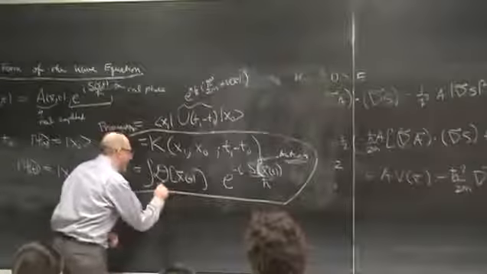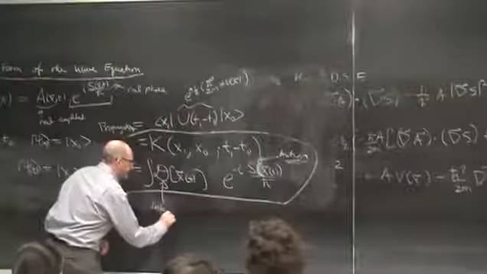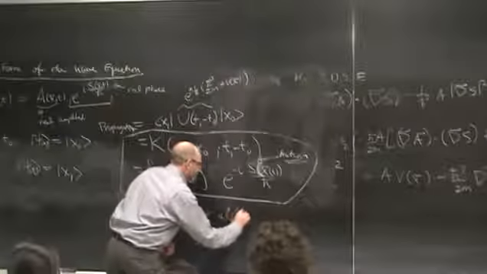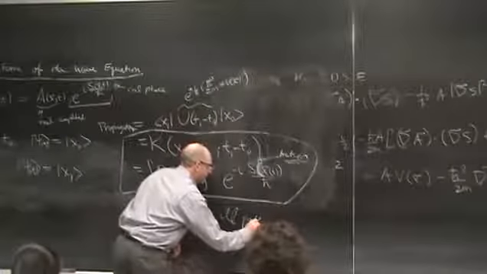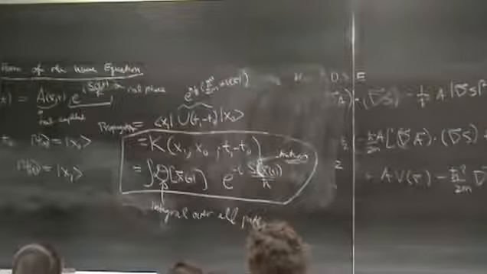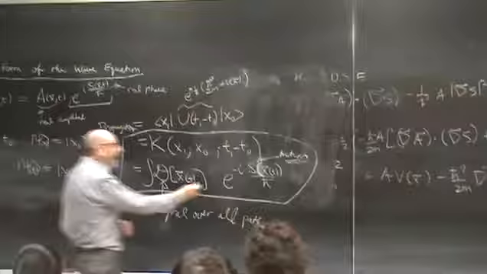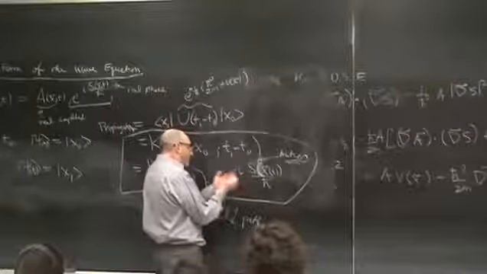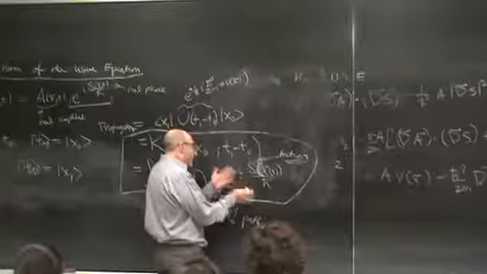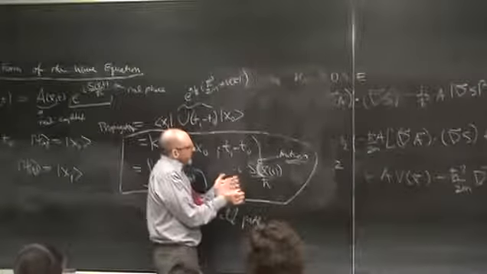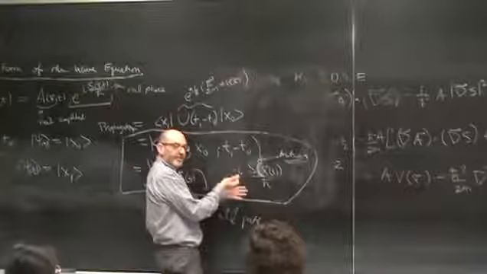This is an integral over all paths. In the limit that h bar is a tiny, tiny thing, generally, all these different paths are going to kind of cancel each other out. Because they don't have the same phase. They have widely different phases.